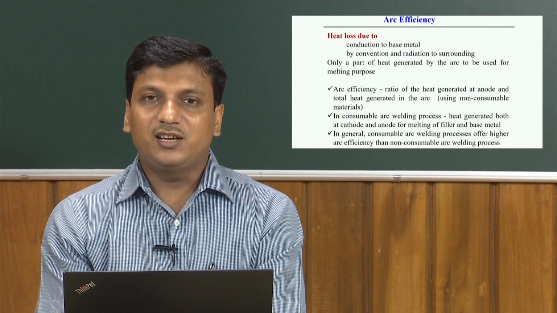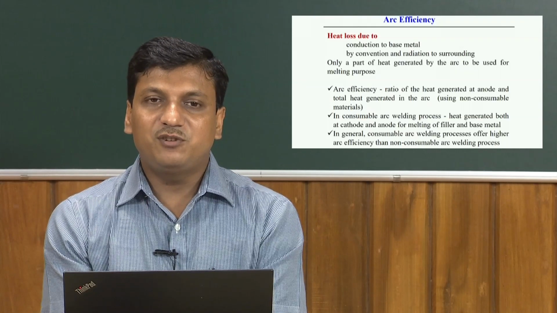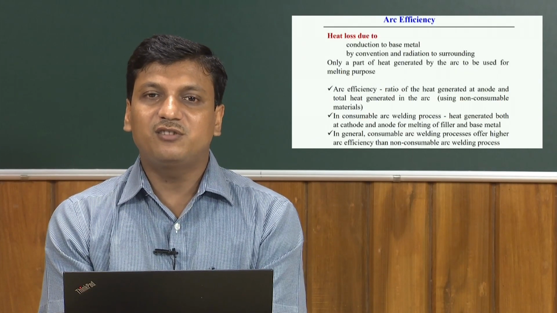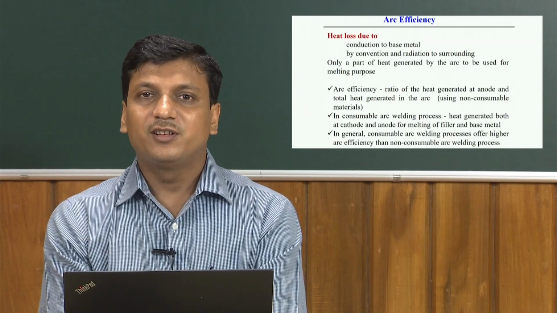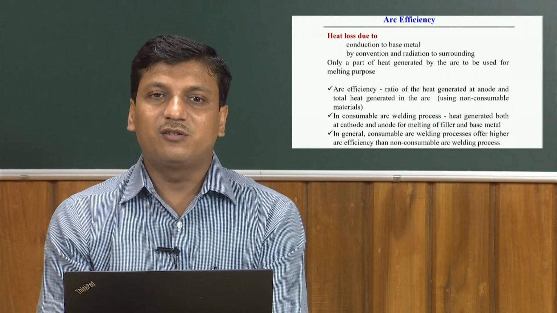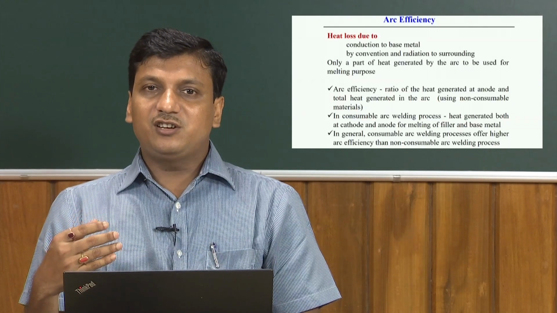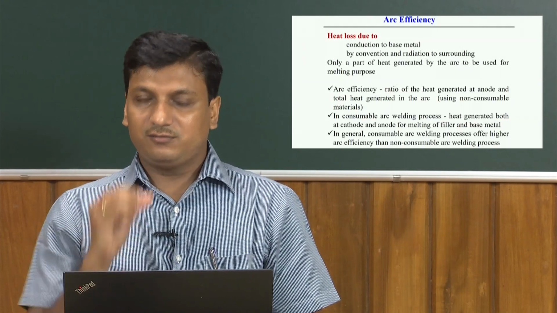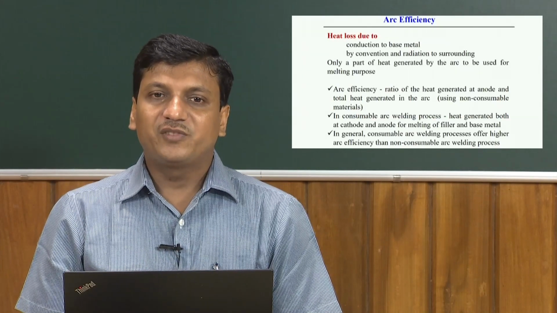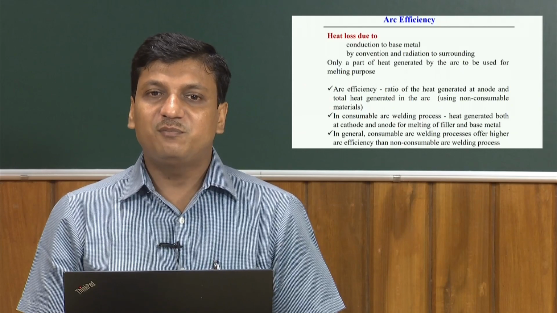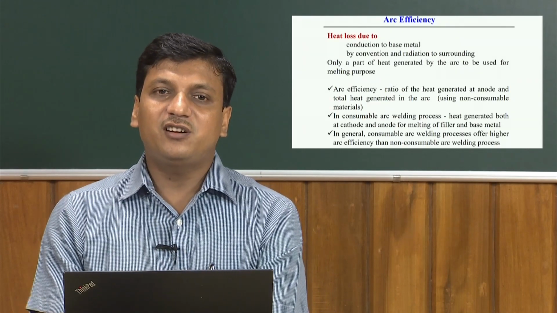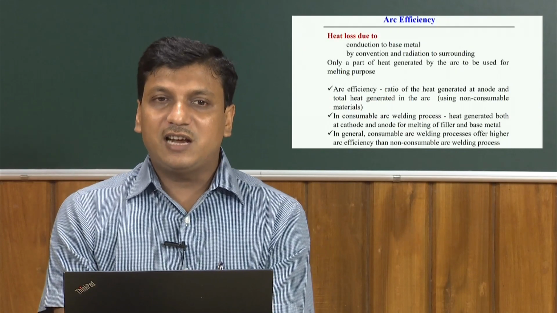So, this is the definition of the arc efficiency, but if we consider the consumable arc welding process, heat generated is basically at both the cathode as well as the anode. That means it is melting the filler material or consumable electrode, and at the same time it melts the base material also. So, in this case we need to count the amount of heat generated in both cases.